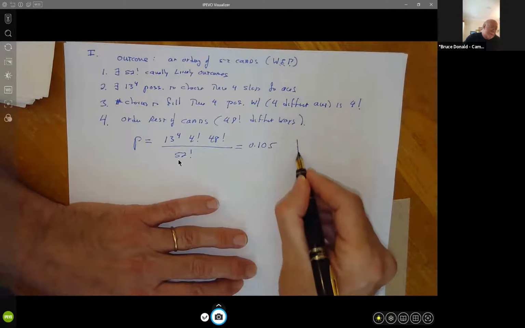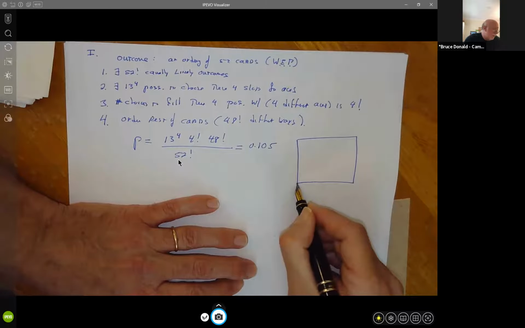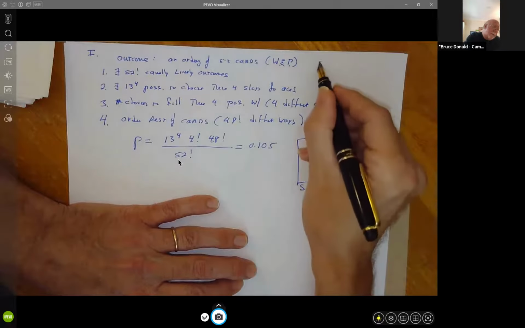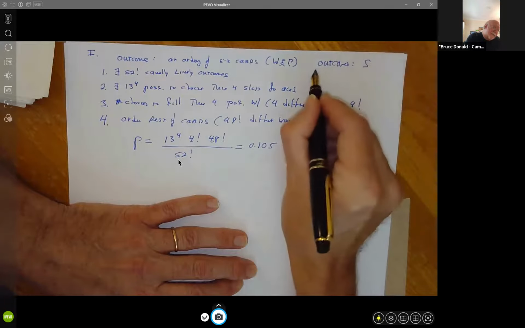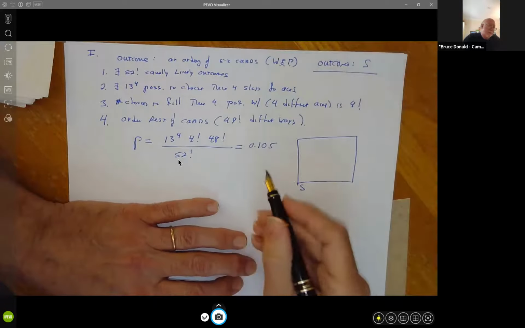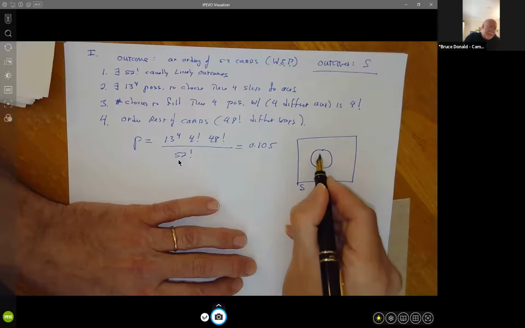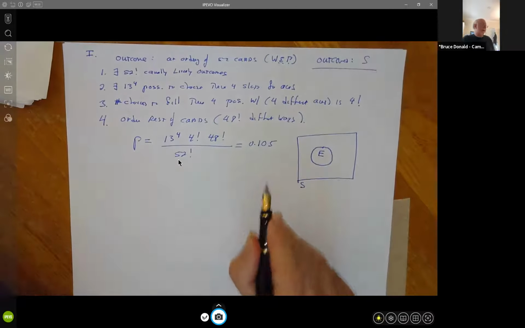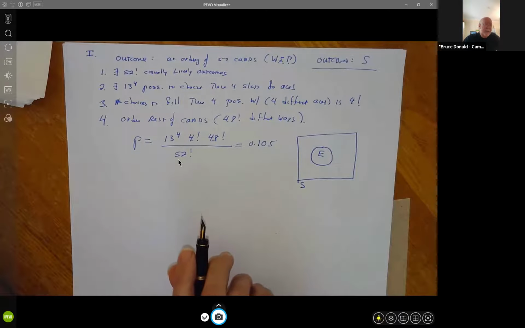So again, I want to come back to our picture here of why this makes sense. We have a space of all possible outcomes, which I'm going to call S. A subset of those outcomes, called E, corresponds to the desired event. Namely, the desired event that we're calculating is that every player gets an ace.